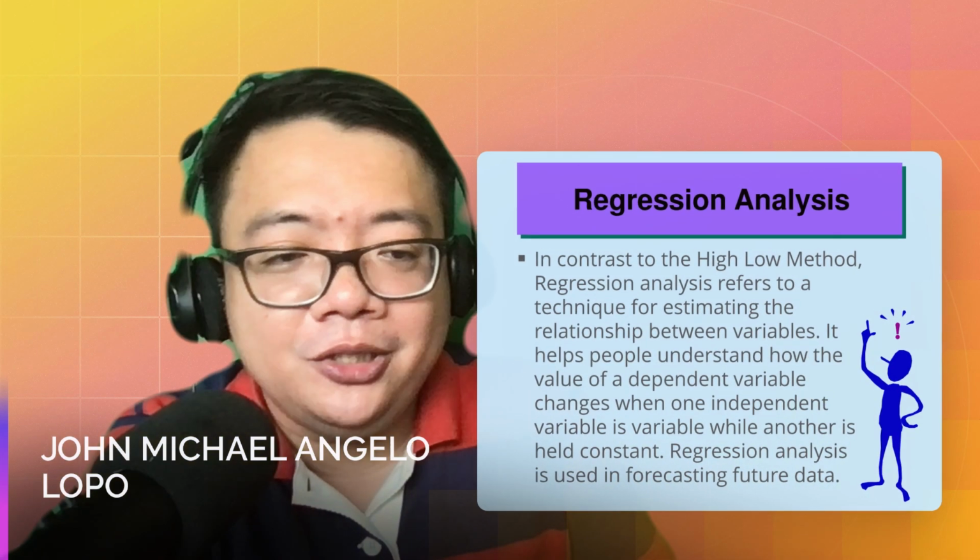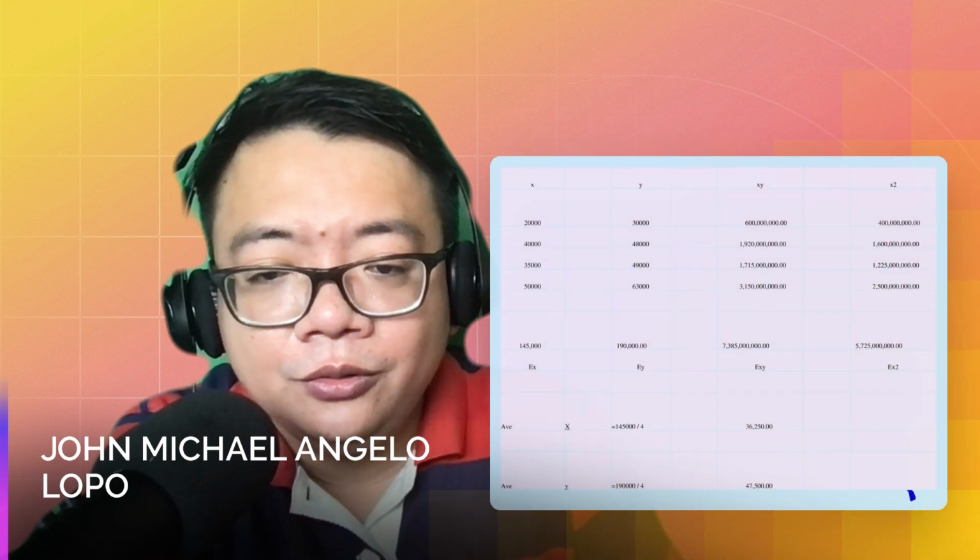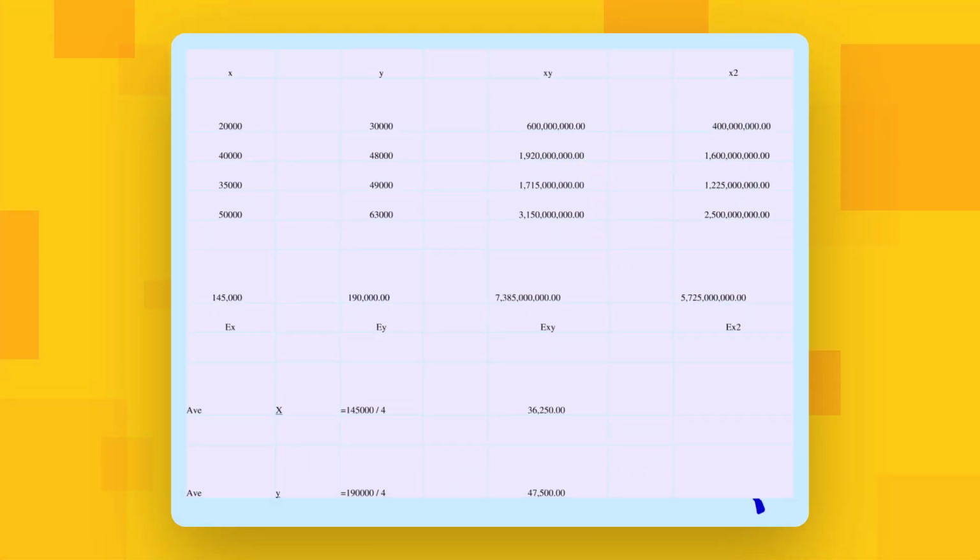Class, this has some formulas. Hopefully you read this one, it is a bit unclear. For example, your x here is your activity, while y here is your cost.